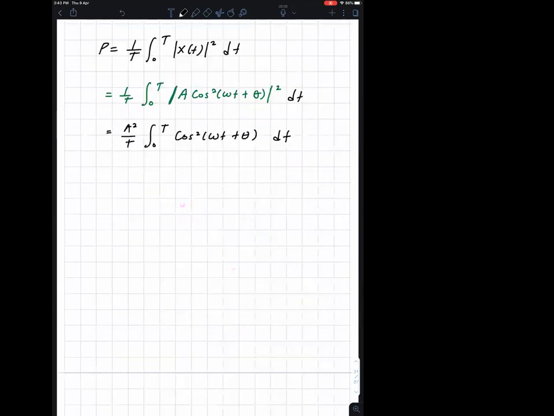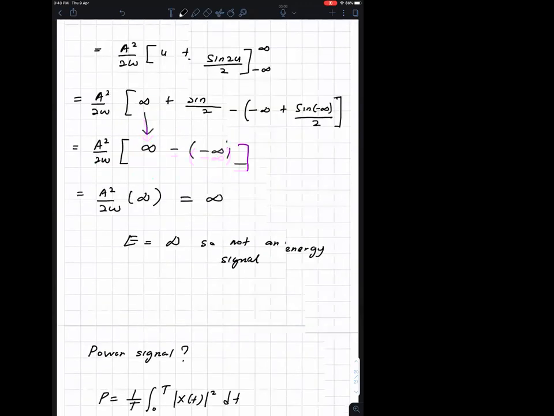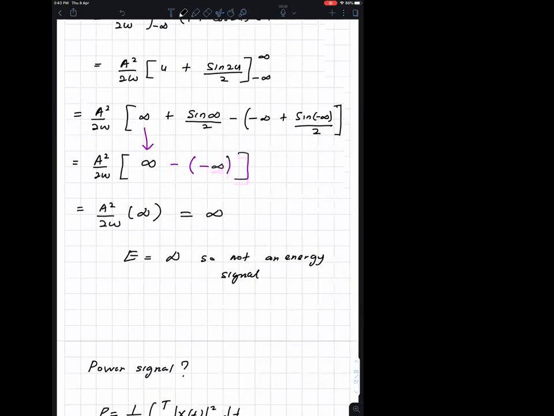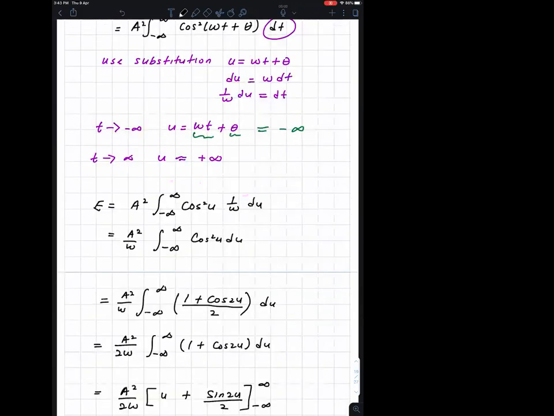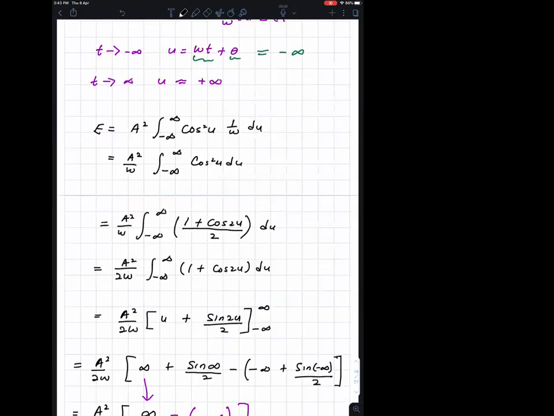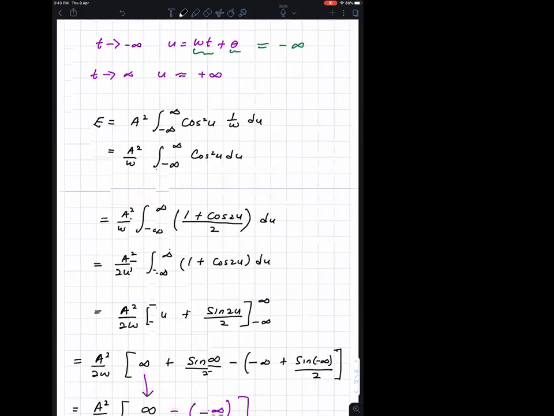For the integration part, it's still the same, isn't it?